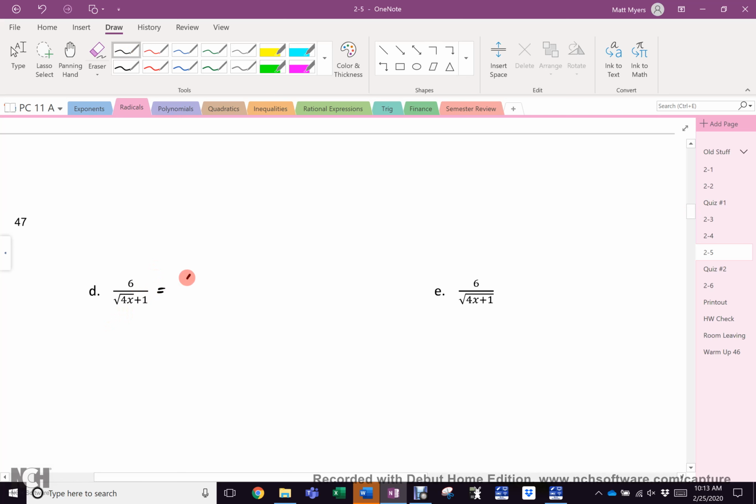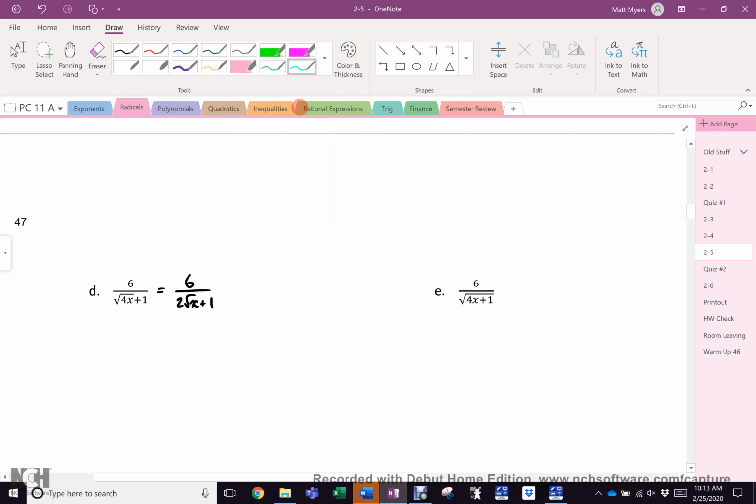That's going to become 6 over what? 2 root x plus 1. Now, do I have a radical in the denominator? Yes, so I've got to get rid of it. Is it a binomial denominator? Yes, so I've got to use the conjugate.